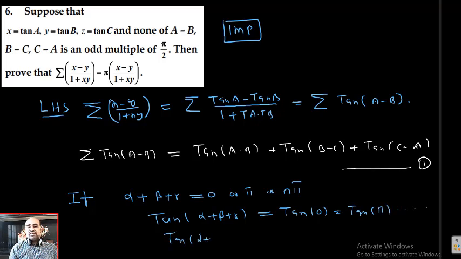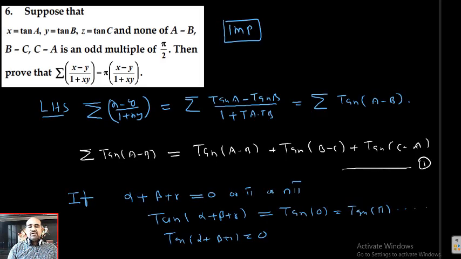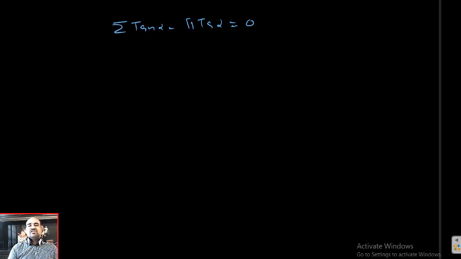Tan of (alpha plus beta plus gamma) equals 0 only. So sigma tan alpha minus pi tan alpha must be 0, because tan of (a plus b plus c) is tan a plus tan b plus tan c minus tan a tan b tan c, divided by something, no? The numerator must be 0. So sigma tan alpha equals pi tan alpha. What is the meaning of that? Tan alpha plus tan beta plus tan gamma should be equal to tan alpha into tan beta into tan gamma.